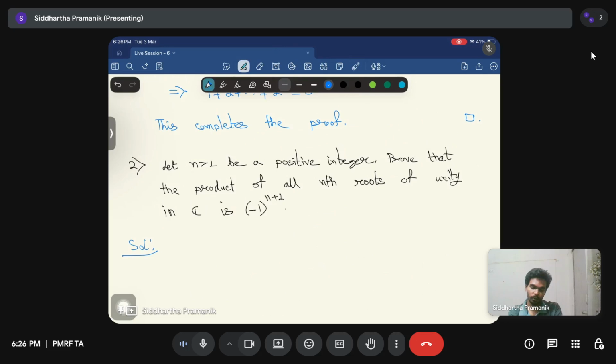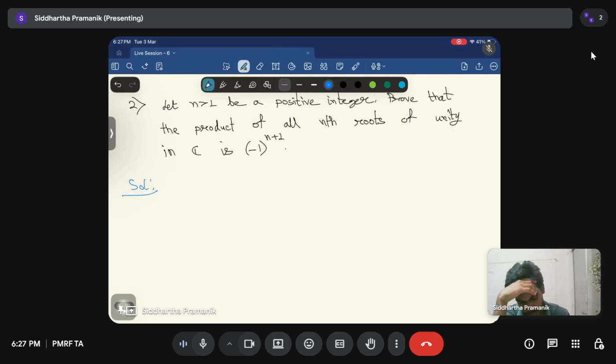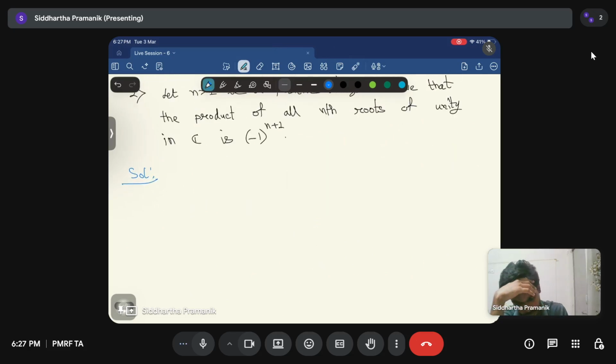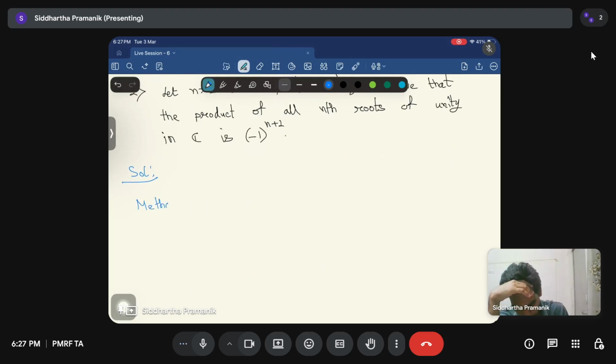So we already know that the nth roots of unity form a cyclic group. This can be done using just group theory, and also this can be done without group theory. So I will do it in both ways, but let's use the group theory part first.